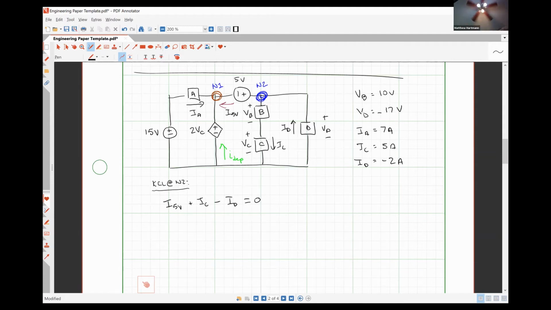So we can write this equation where we're assuming that currents that are exiting are positive and currents that are entering are negative. Since the only thing that we don't know is I 5 volts, we can rearrange this to be I 5 volts is equal to ID minus IC, which is -2 amps minus +5 amps, gives me -7 amps.